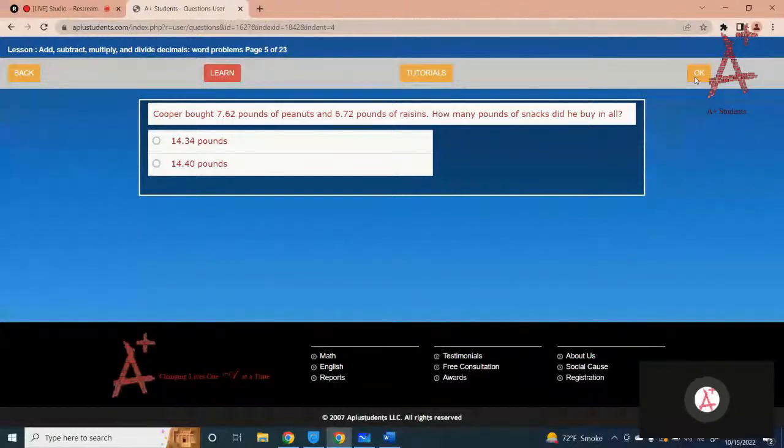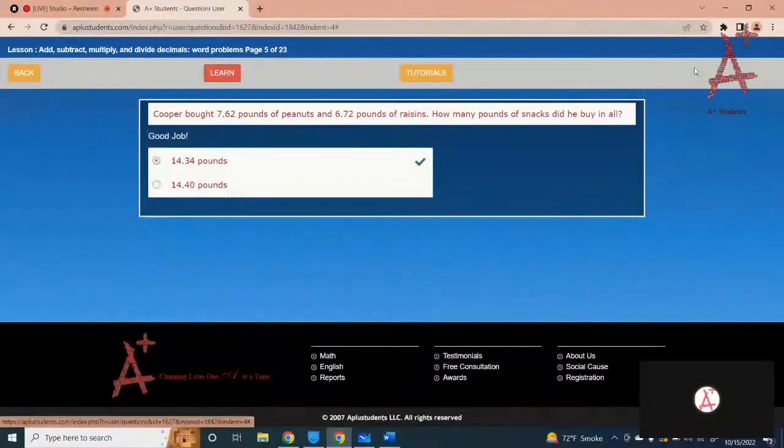You have to add them, and the answer would be 14.34. Got it? You just need to add the values. Select the correct option and click on the OK button.